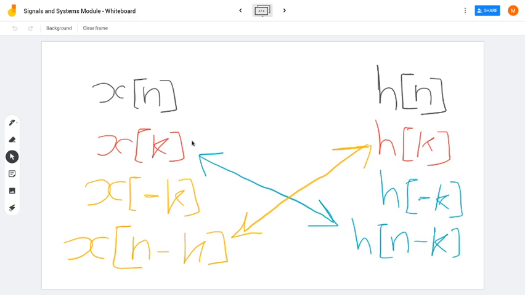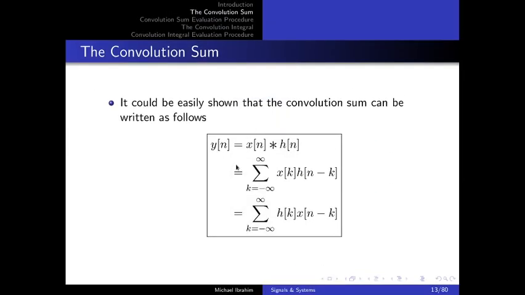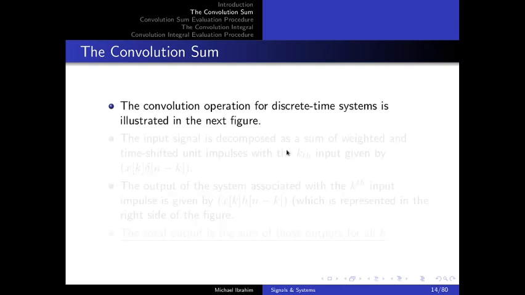And this will be the second definition here, h of k times x of n minus k under the summation. These are the two definitions of the convolution sum. The convolution basically computes the output of an LTI system y of n by convolving the input x of n with the impulse response h of n.